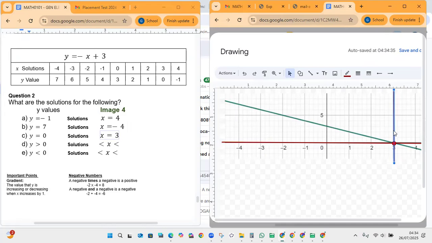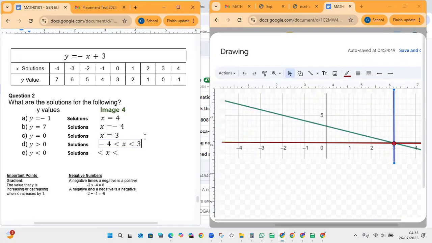Please bear that in mind. For y values greater than 0, the x solution is an interval from -4 to 3. That is where the y values are greater than 0, meaning positive. So the x solutions for when y is greater than 0 is from -4 to 3. All the x solutions between -4 and 3.